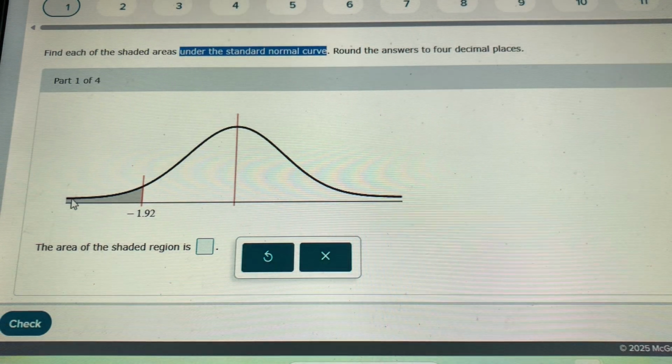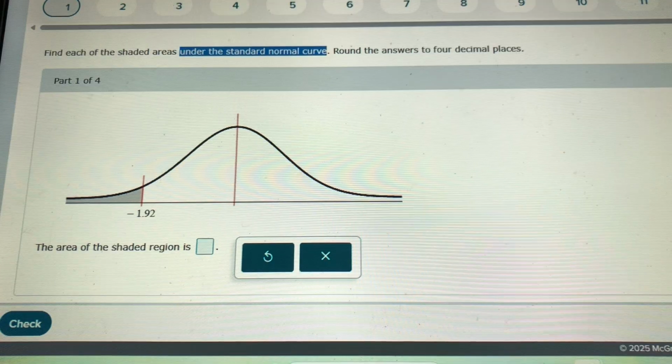This is the negative. It's different than the subtraction button. So I want to type negative, not the subtraction button, negative 999, comma. So I'm starting out here on the left at negative 999, and I'm coming up to this negative 1.92. Negative 1.92, comma 0, comma 1, because they said it was a standard normal.